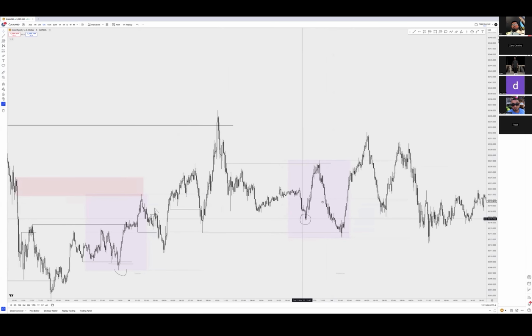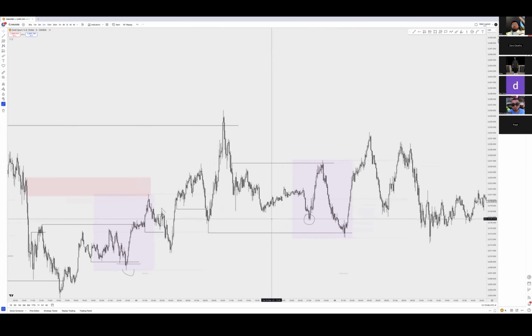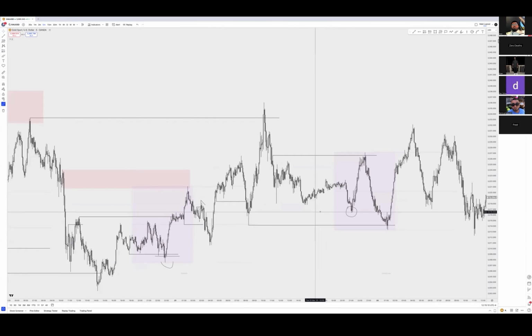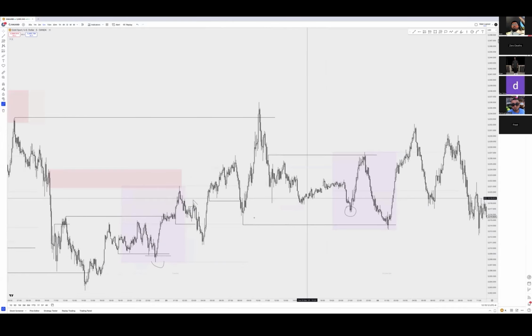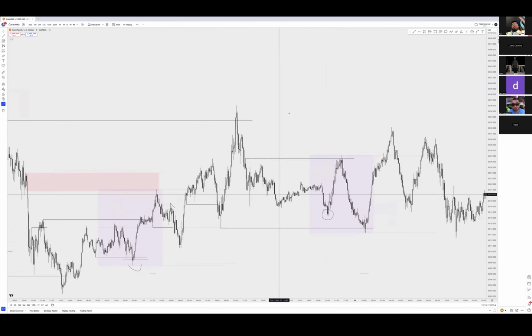Okay, so that's why I said it was important, right? We need to see where liquidity is being built, so we can see it just coming for this liquidity right here, this low. But the market's building liquidity to the upside. And then as soon as it comes into the extreme, reacts from there, it induces buyers.